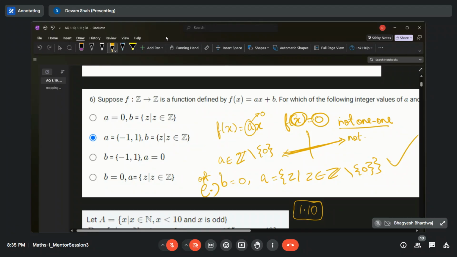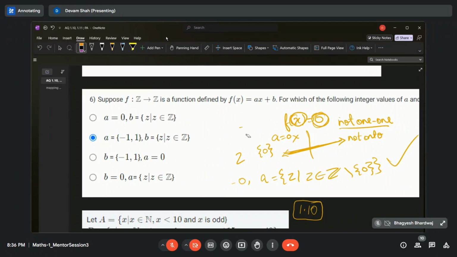And it is not onto also because the range is only 0 and the codomain is integers. So they are not equal. So this is wrong, just because when a equals 0 it is not satisfying. Anything else?